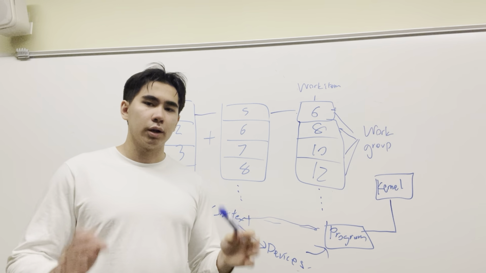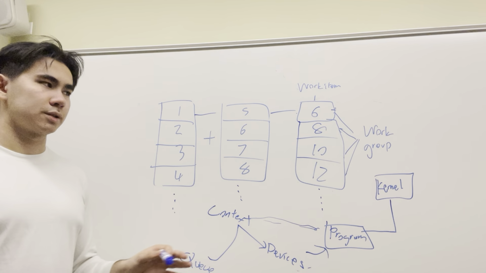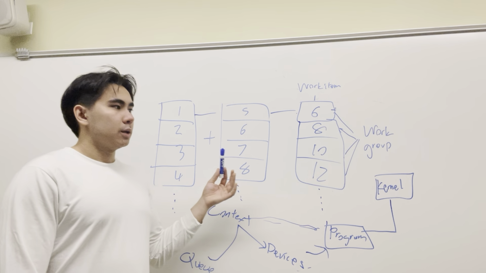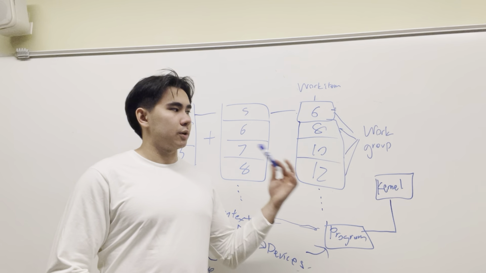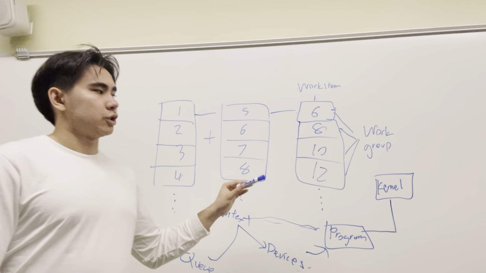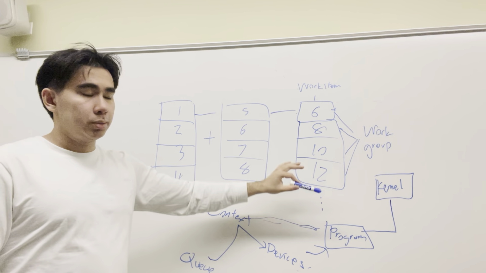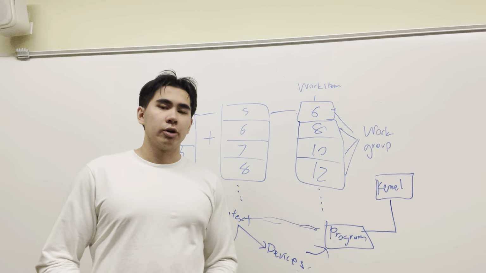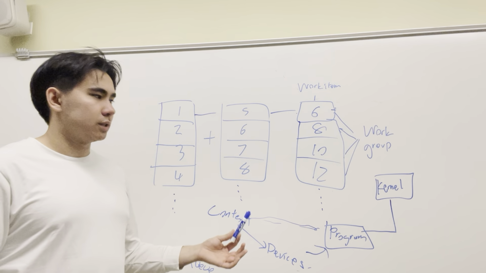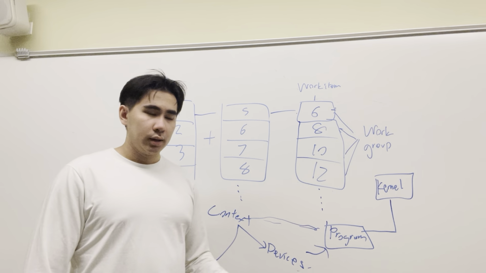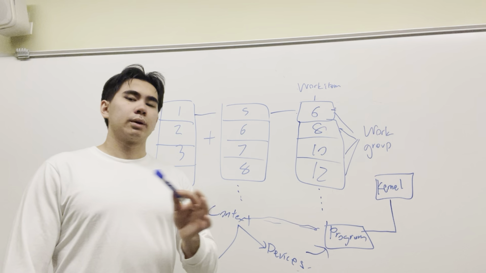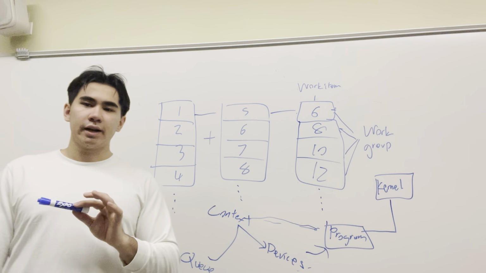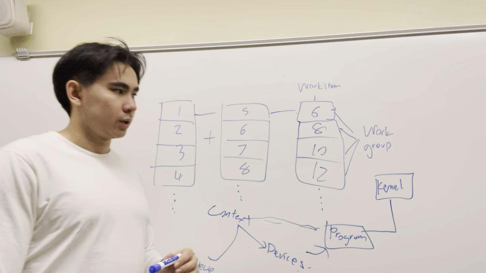It's a small block of memory that only belongs to that work item. There is local memory, which is visible to this entire work group. And then there's global memory, which is visible to the entire kernel. Private, local, global, these are things that we're going to see again when we go to actually write our kernels.